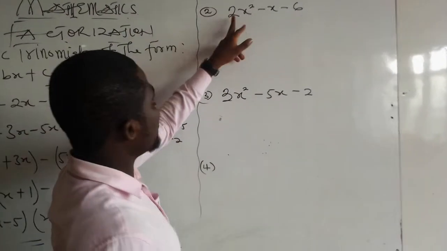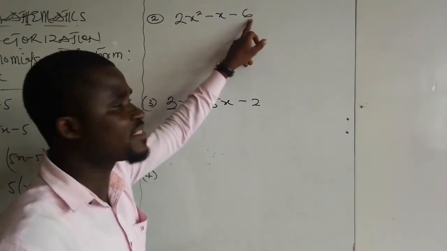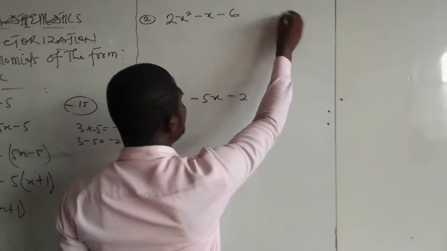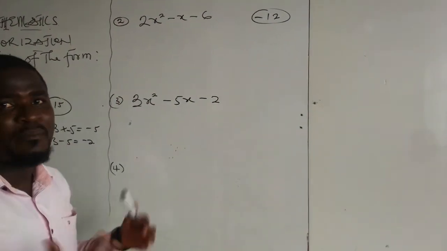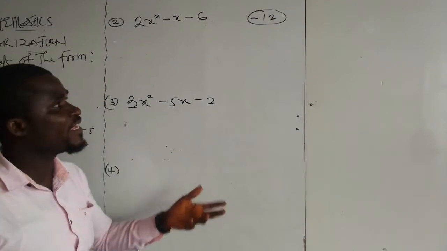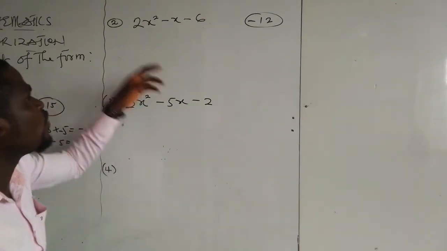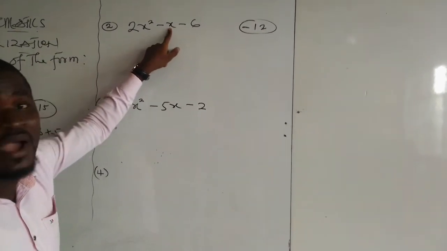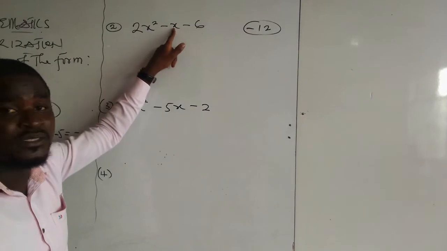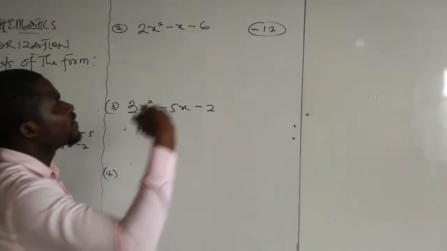Now, we are going to use the 2 to multiply the negative 6. That will give us negative 12. Now, look for two numbers that if you multiply, it will give you negative 12. But the same two numbers, when you add them, it will give you negative 1. Because the coefficient of x is negative 1. So take note. So, let's see.